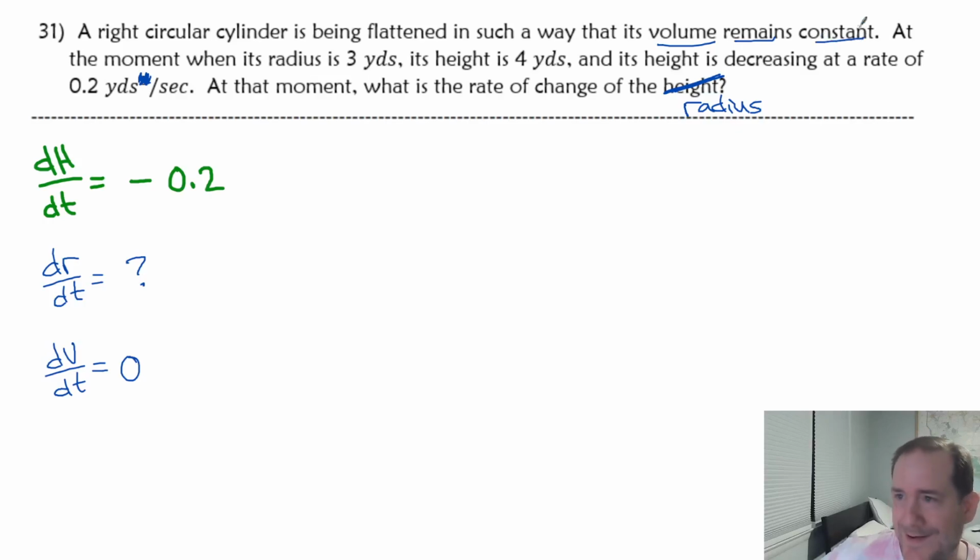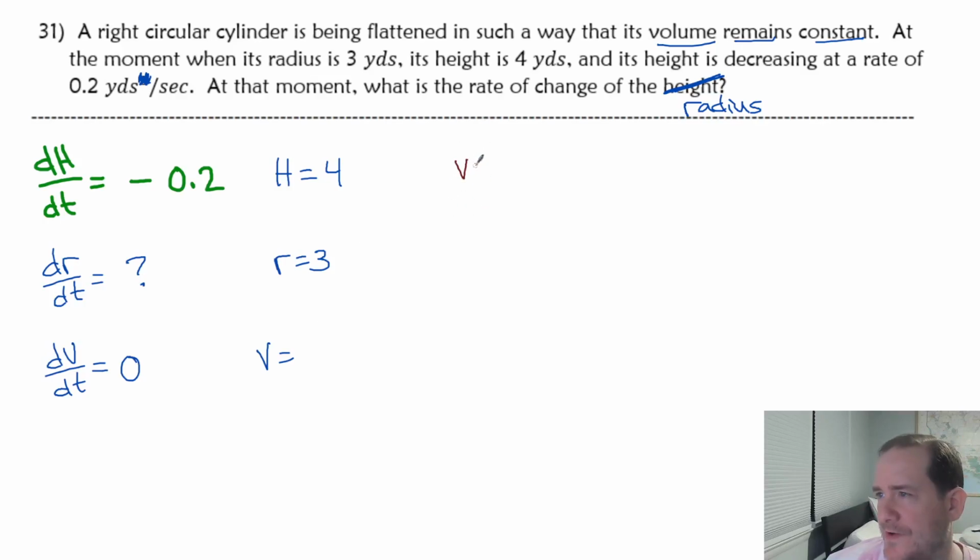Okay, great, cool. What's the height at the moment we're investigating? The height is 4 and the radius is 3. And again, we could use the height and radius to figure out the volume, but that's going to end up coming out of our equation when we differentiate anyway.